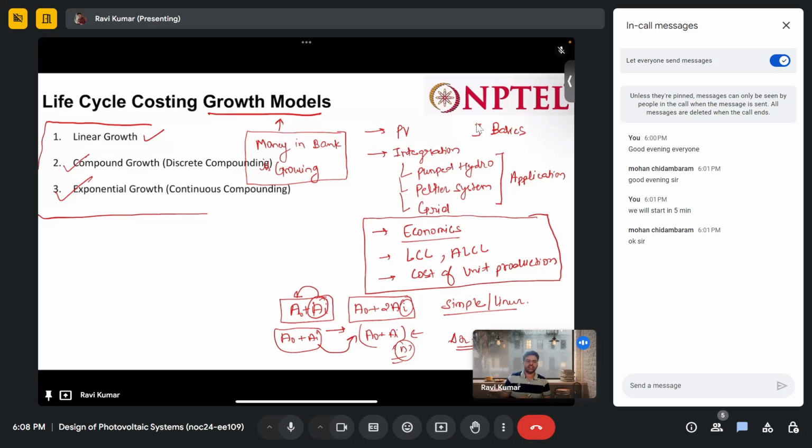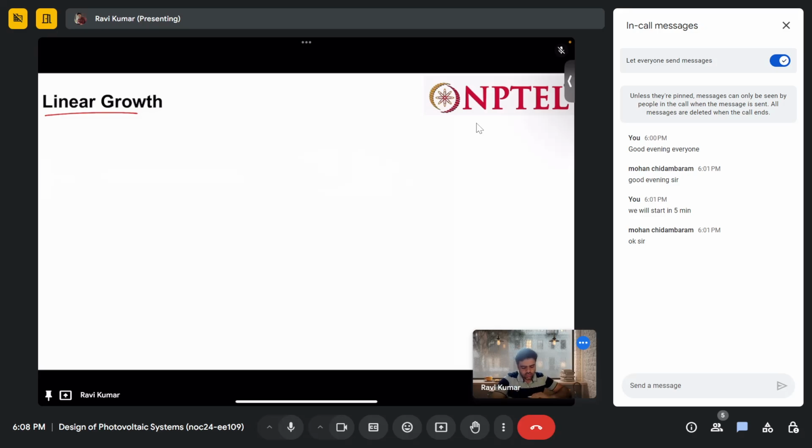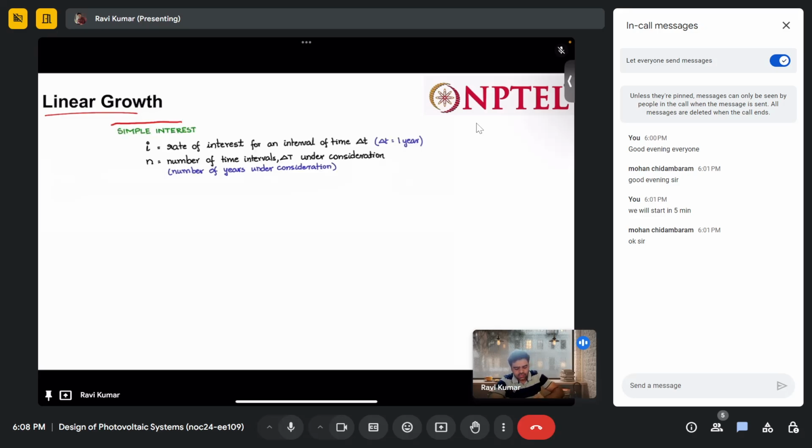So first let's see what the linear growth model is. It is just a simple interest model. I is the rate of interest for an interval of time delta t. Here delta t we can assume 1 year. And n is the number of years, or number of time intervals delta t under consideration.